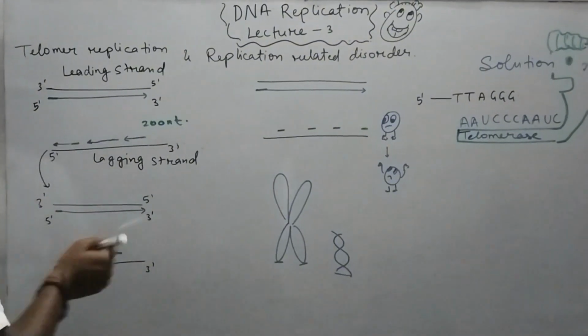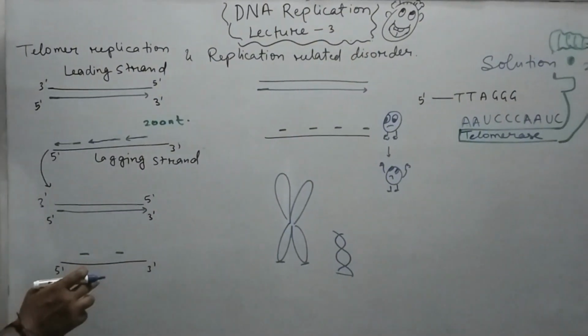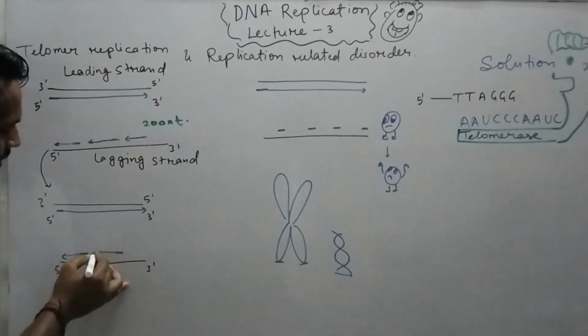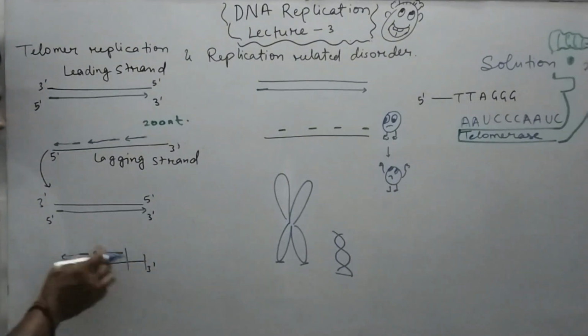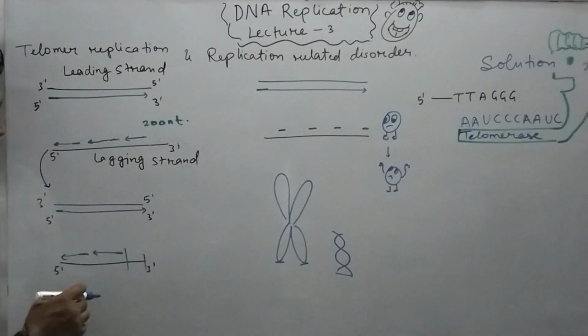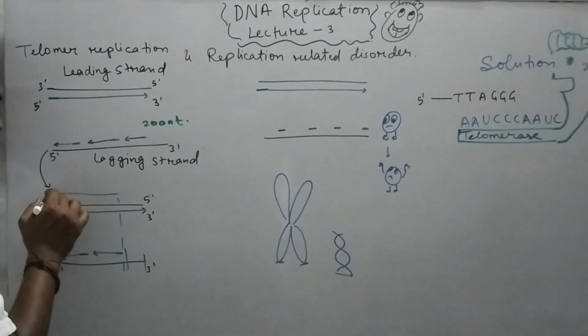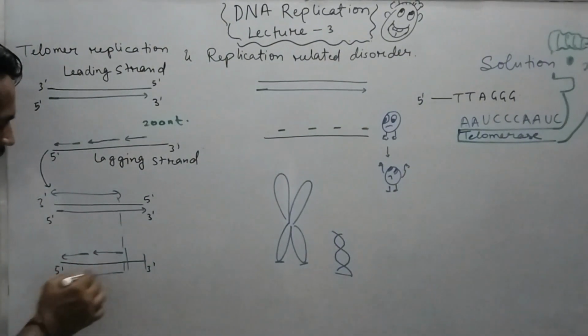Suppose again this DNA is shortened, this is again leading and this is a lagging strand. You added a primer, you replicated. Now this region is also shorter than the actual one. The new DNA strand you get will be up to this length only. Are you getting my point?